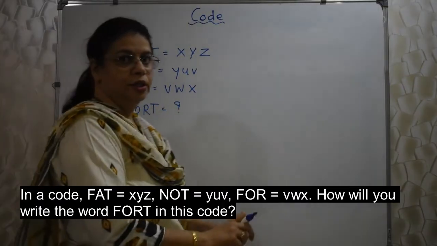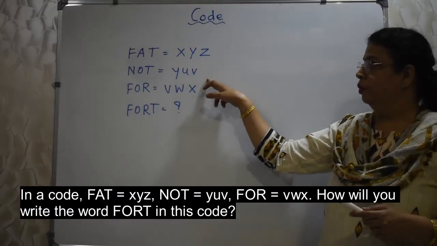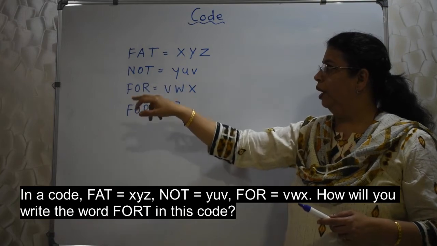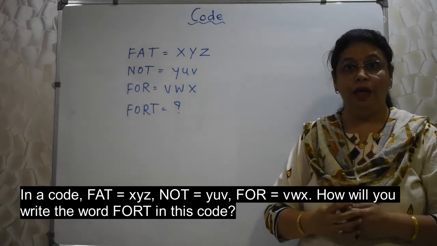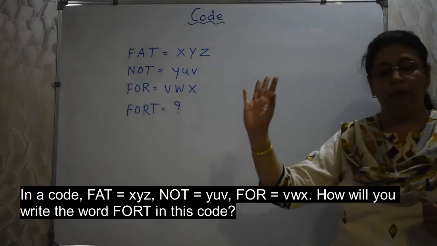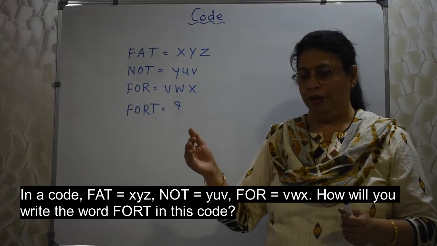In earlier sums, I told you, you need to find out the common. Here common letters are visible: TT is common, and here FF is common. Yes, there are common letters, but don't just go blindly and find out the common letters.